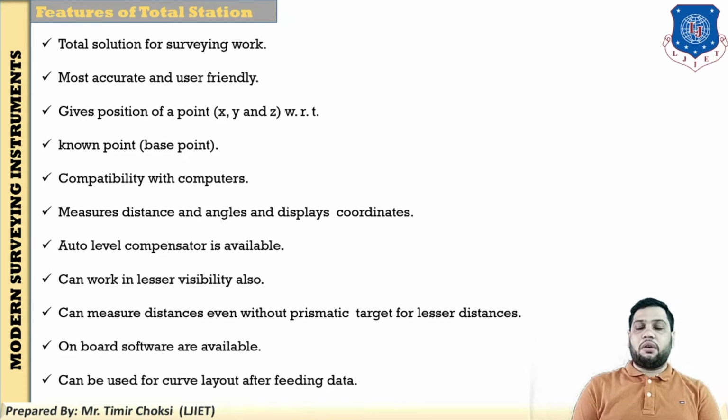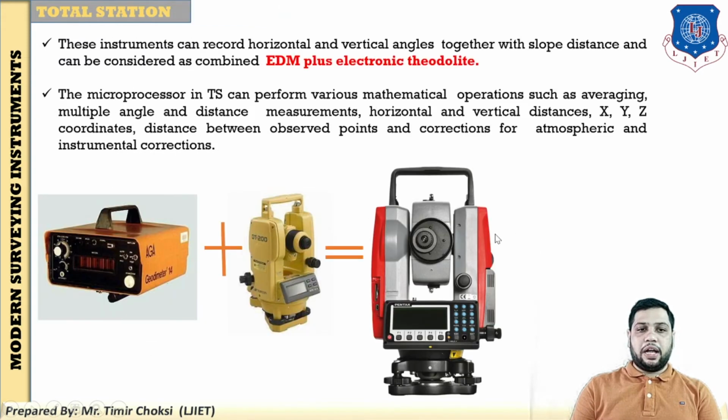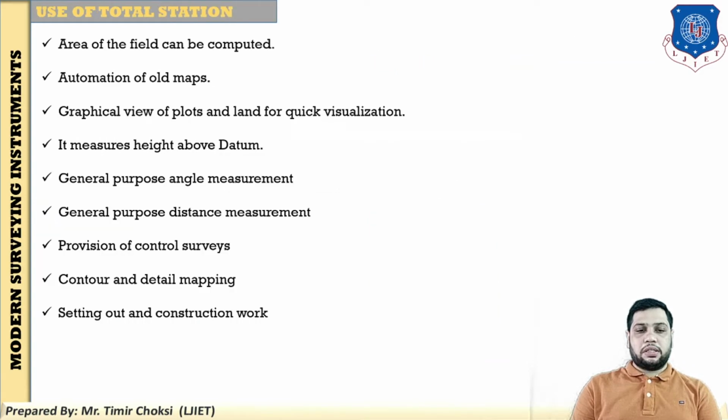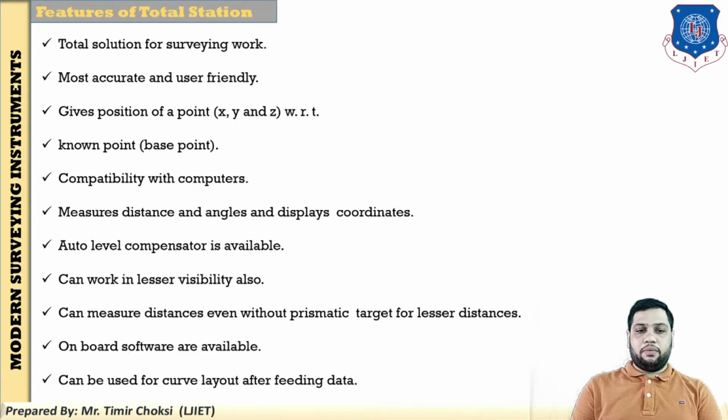Onboard software is available. The software or microprocessor performs various mathematical operations like finding horizontal distance, vertical distance, horizontal angle, and vertical angle, and all the values are free from error because of the onboard software and display.